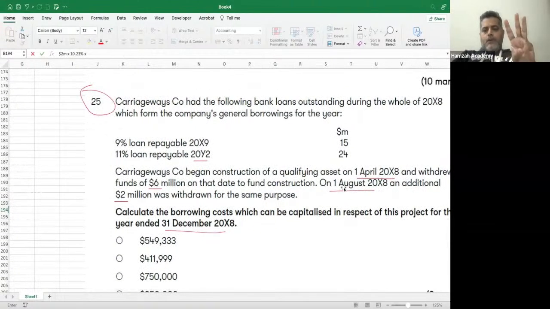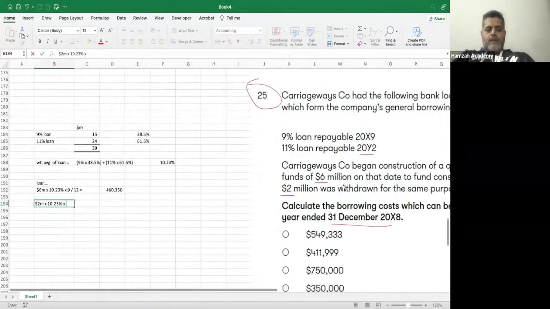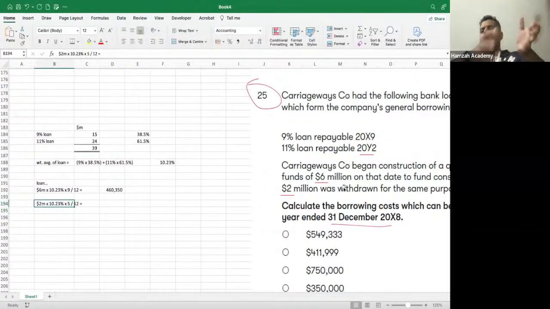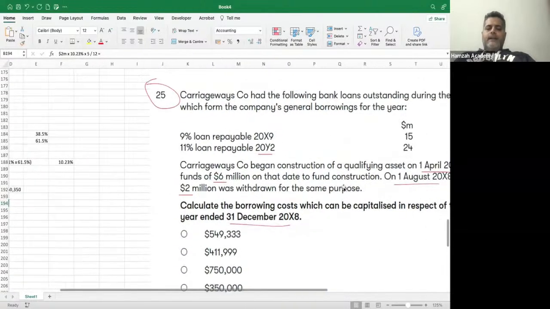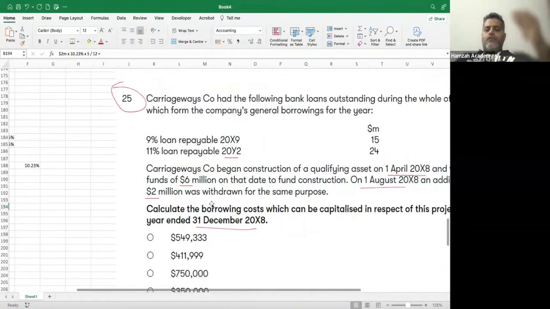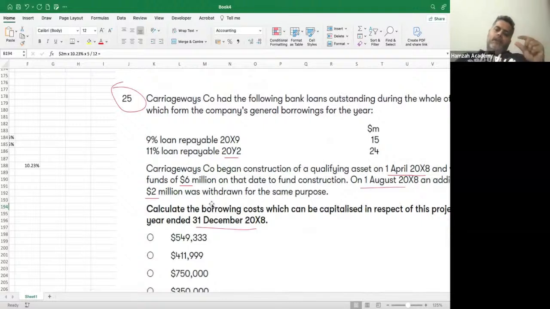August, September, October, November, December: 5 months. I have two options.